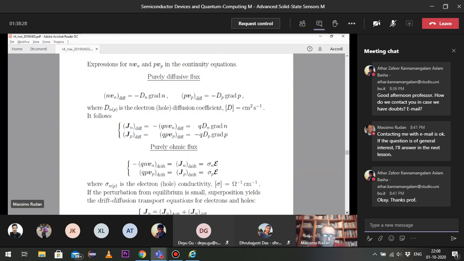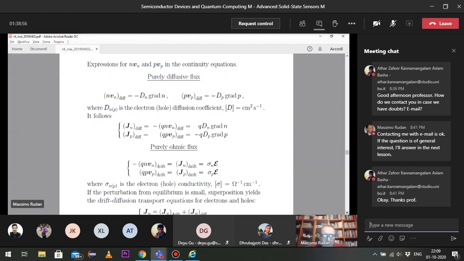The diffusion coefficient is positive definite. Okay, you remember also that the gradient of a function points towards the direction in which the function increases, whereas the flux goes into the direction where the concentration decreases. So we need a minus sign, okay?